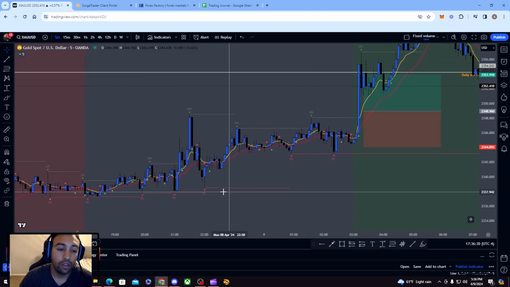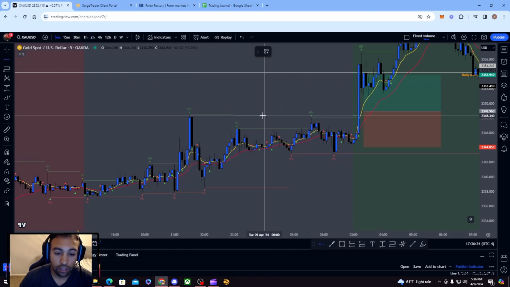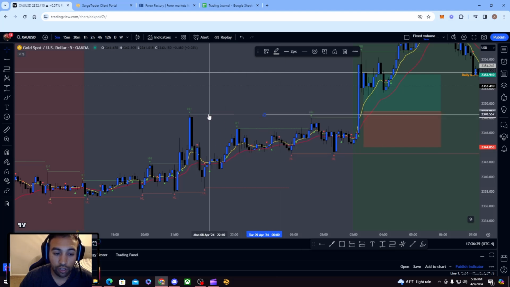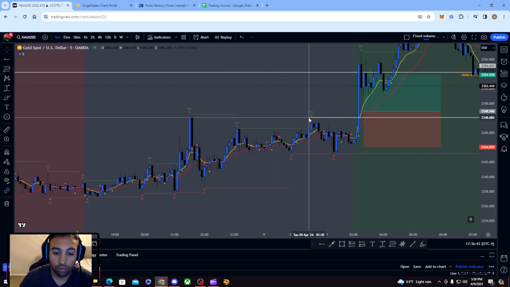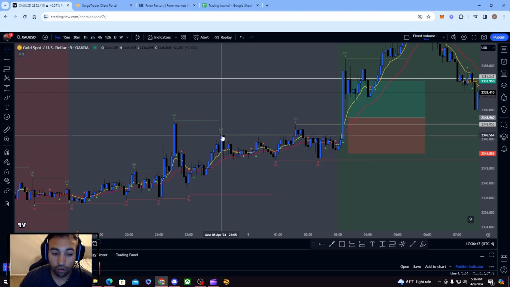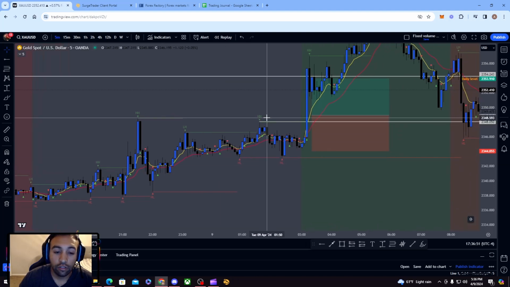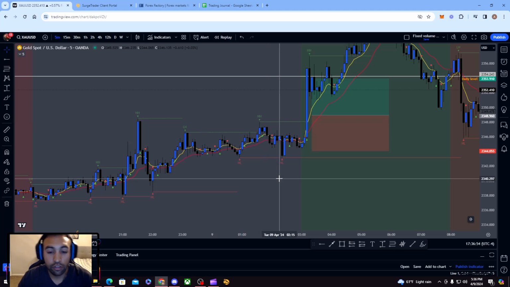And then in here you can see the pivot point areas. This one was an area of interest for me. Then we had the smaller, lower one, but it still made a higher high over here. You see the lower high made a higher high, so that became an area of interest.